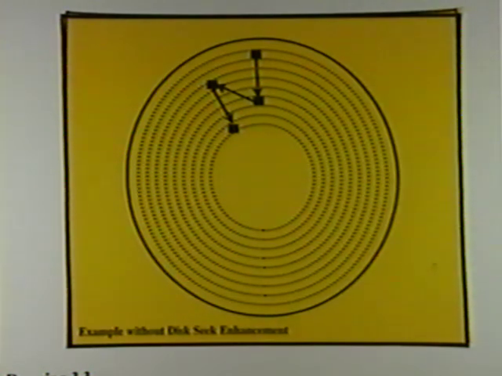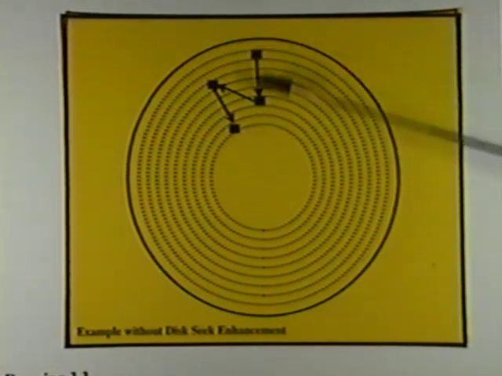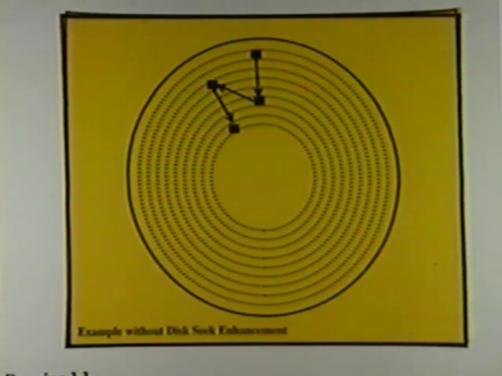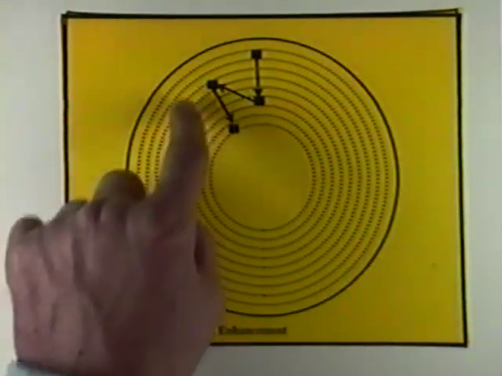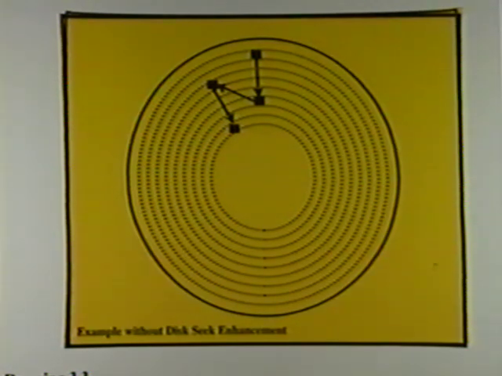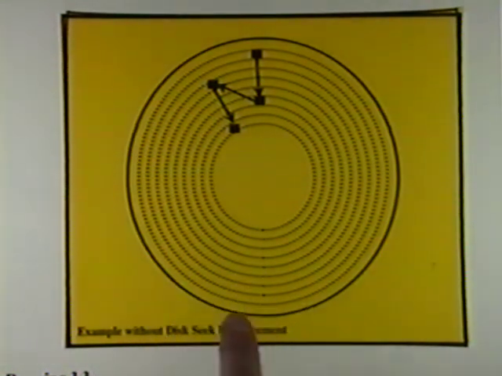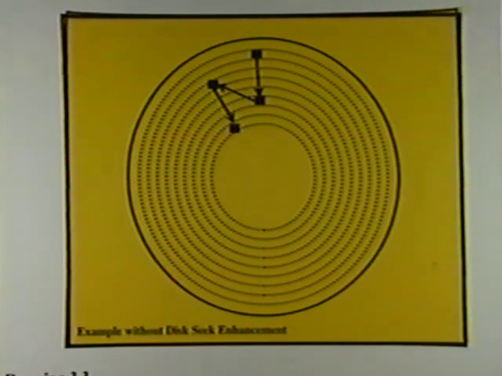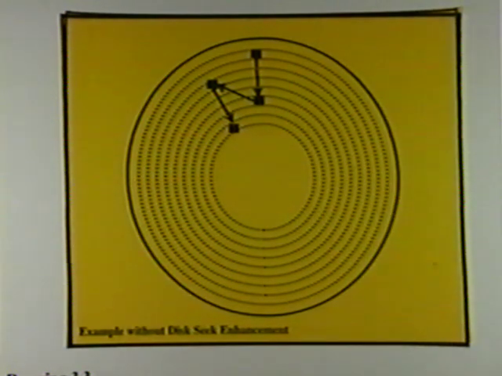We had the seek time, which involved moving the head to the proper cylinder. Then we had latency, which involved the time that it took the data to rotate underneath the head. And then we had the actual data transfer time, which is the physical time required to read the data from the disk and transfer that data over the bus to the main memory.